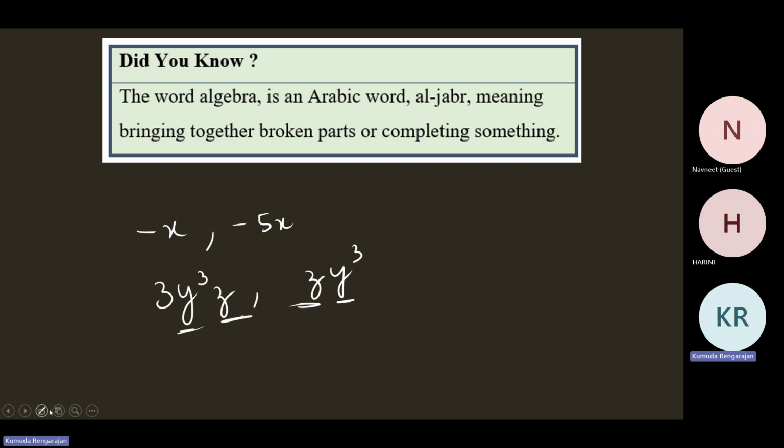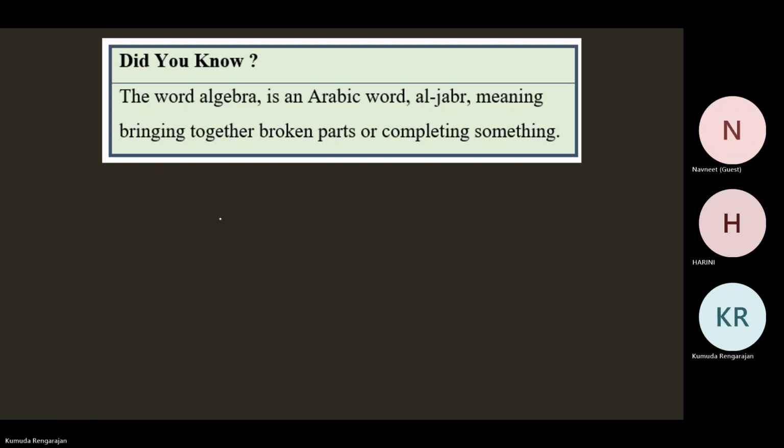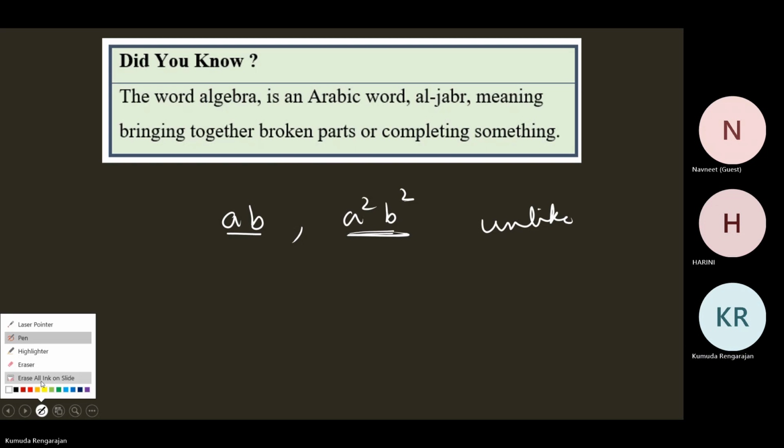So they're like terms. What about these two? Are they like terms? No, ma'am, because they should be exactly the same. A, B do not have squares on it. So they're not like terms, they're unlike terms.